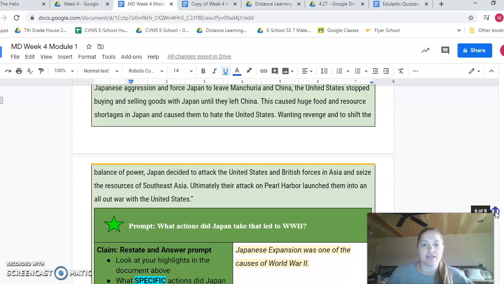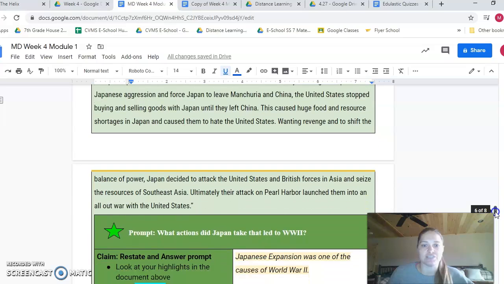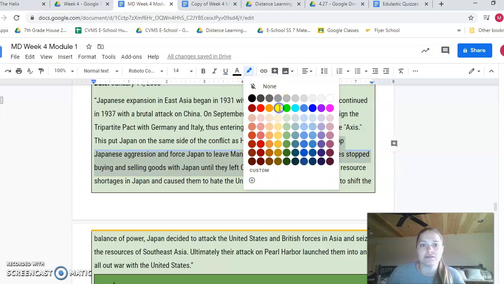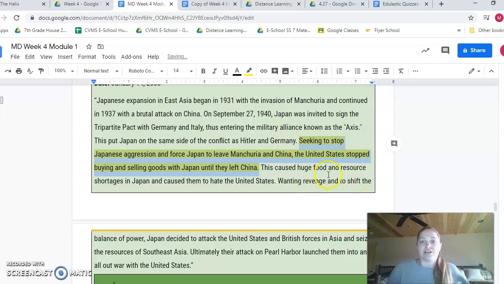So I'm going back and looking at what actions did Japan take that led to World War II. I think the big one here, well, let's start in the middle. So this, the United States stopped buying and selling goods right here because of that expansion. This caused huge food and resource shortages in Japan and caused them to hate the United States.